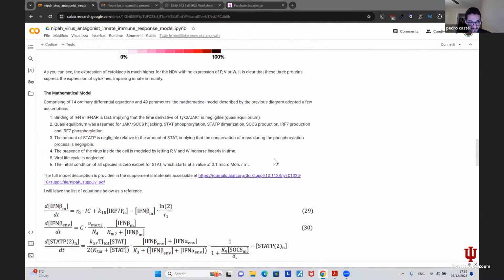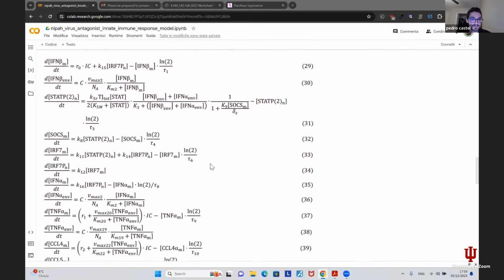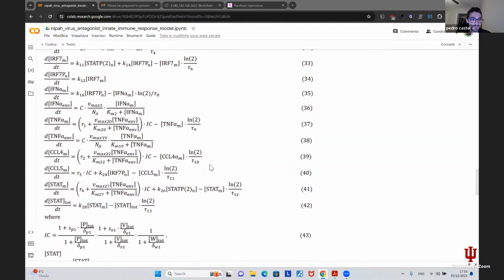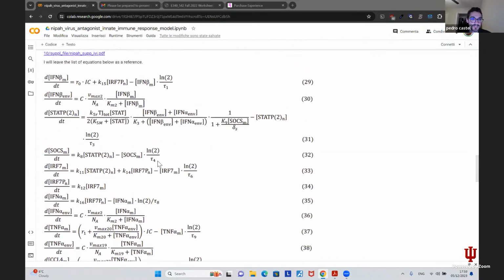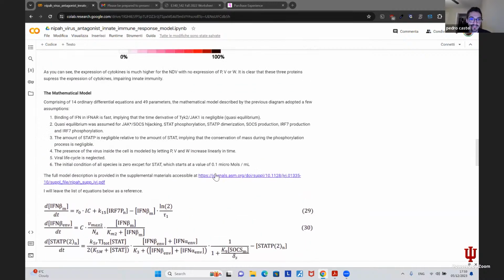I kind of gave up explaining all of the equations because there are 14 equations and they have all sorts of interactions. So I just pasted the supplemental materials. But for the purpose of this presentation, I will explain what's going on.